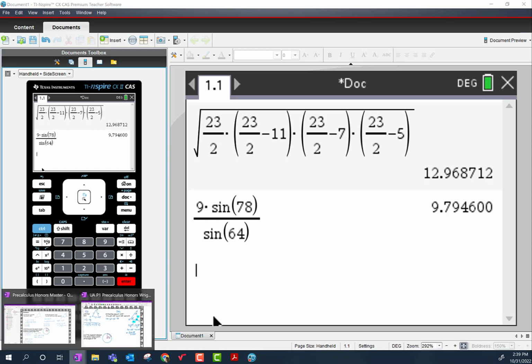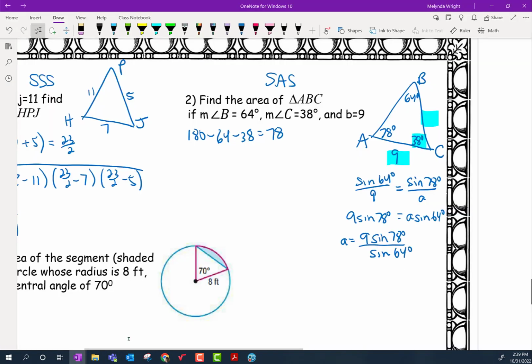Okay, so let's go back here. So A is 9.794 and then a bunch of decimals. Please never ever round until the very end. And I'll show you. We're going to keep the whole number.